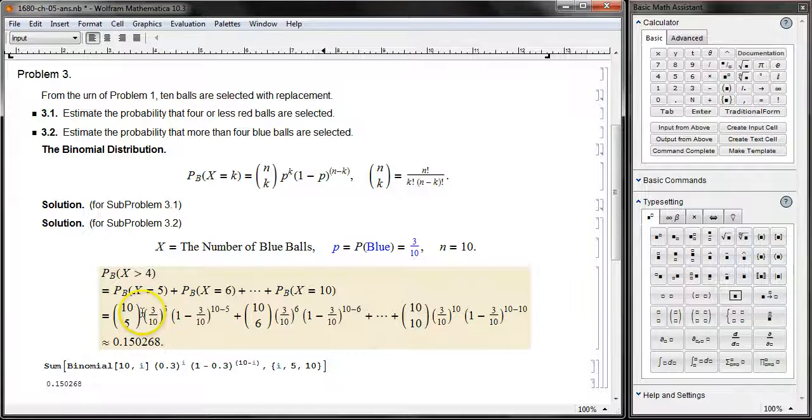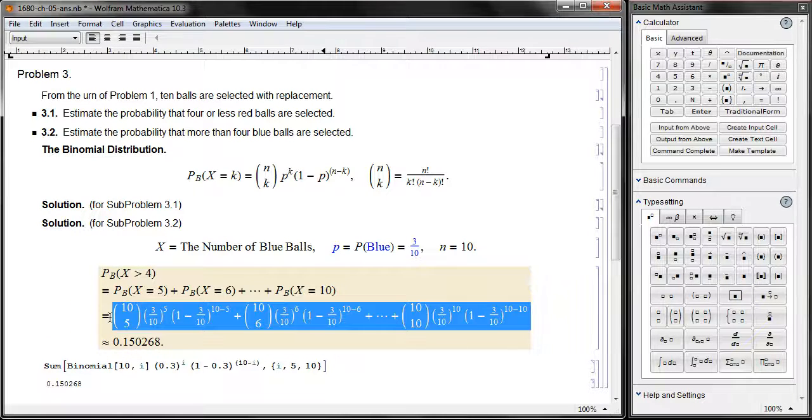So 10 choose 5, and 5 times 3/10 of blue took place, and the other 5 times non-blue. 6 times we have blue, and the other 4 times non-blue, and so on and so forth. 7, 8, 9, and then this one all 10 blue, and non-blue 10 minus 10, so 0 power.